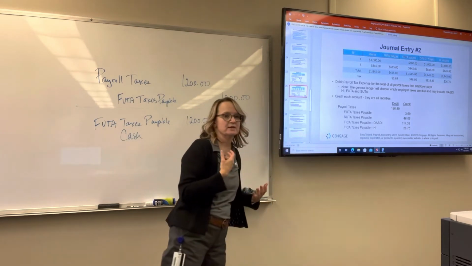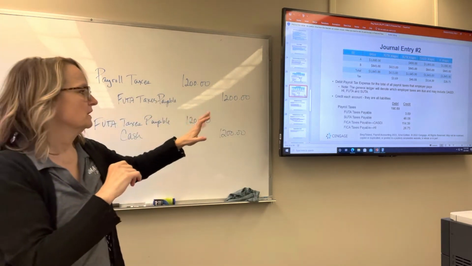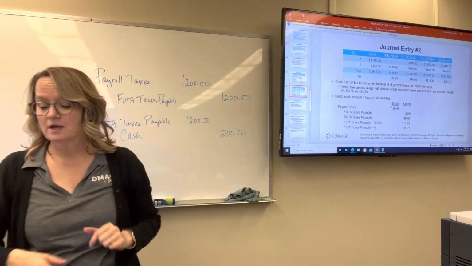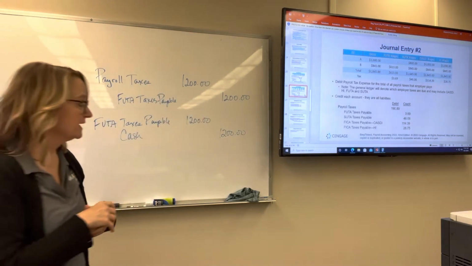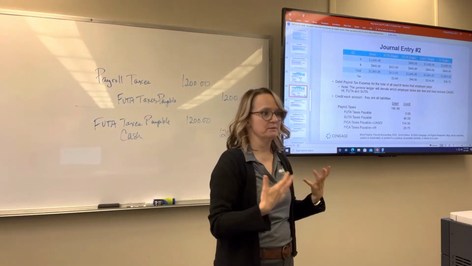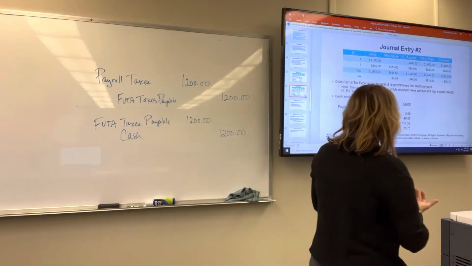So remember I said the first two, well, it's actually the first three journal entries, but I kind of grouped those first two together. The first two sets of journal entries, we've got a trigger in that cash is being paid. So that's what triggers us to make those journal entries.